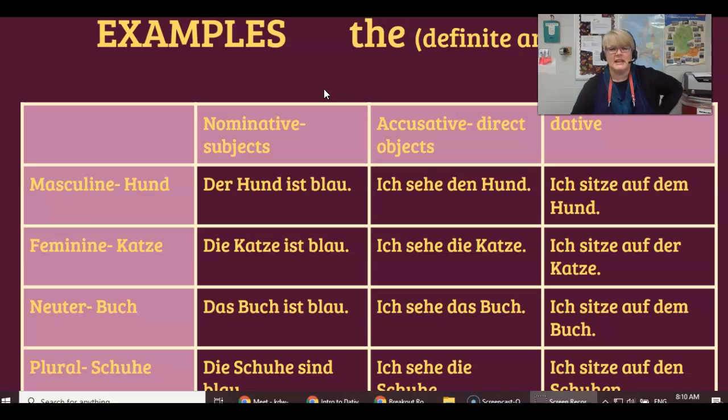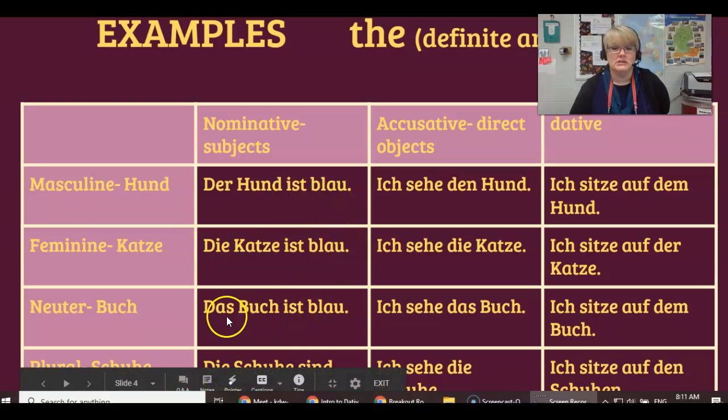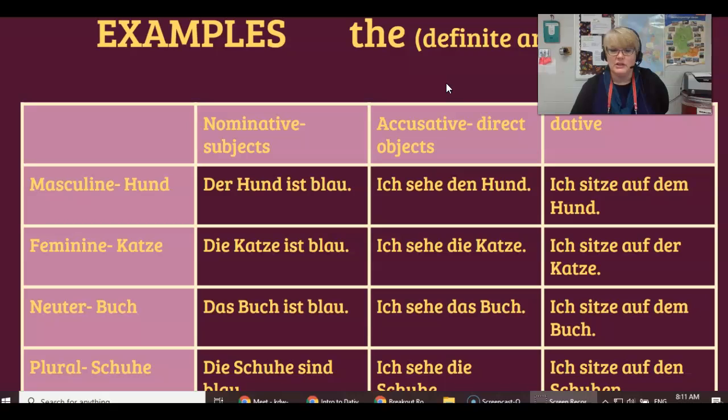All right, so let's look at some examples. Nominative. We've been doing nominative already. Der Hund ist blau. Die Katze ist blau. Das Buch ist blau. Die Schuhe sind blau. This is not new stuff. Also, accusative we've done before.